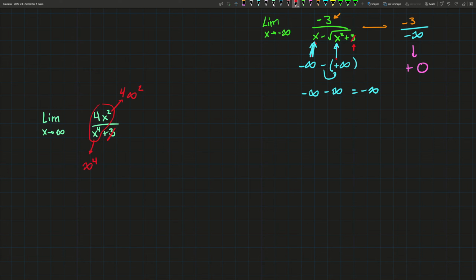When we compare the two, the bottom is going to grow much, much faster as we go to infinity. It might be pretty close from 1 to 1,000, but as soon as we get to really big numbers, that denominator is going to grow a lot faster, which means our entire fraction is going to 0.